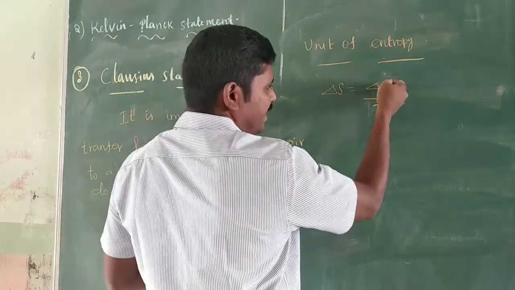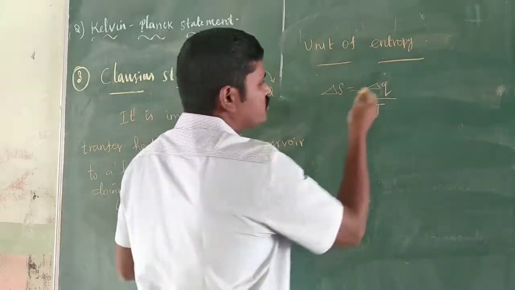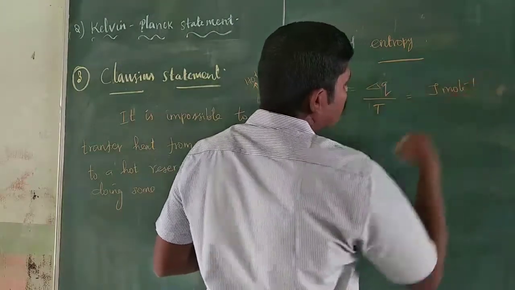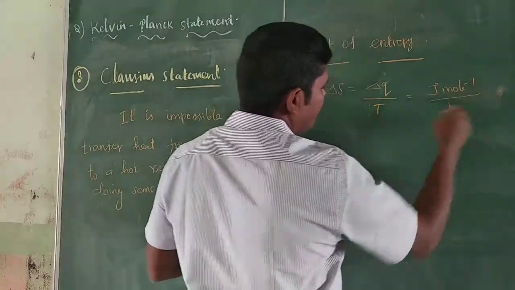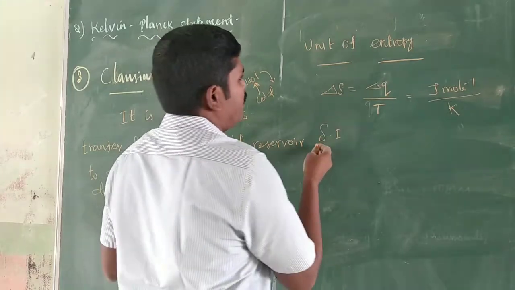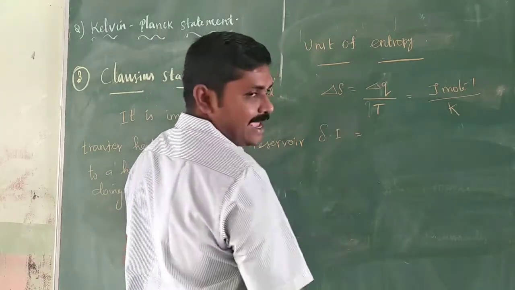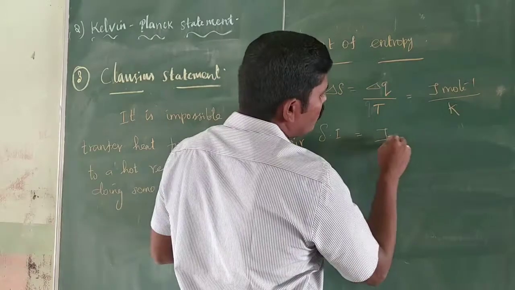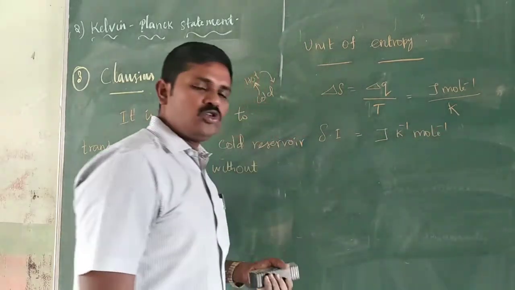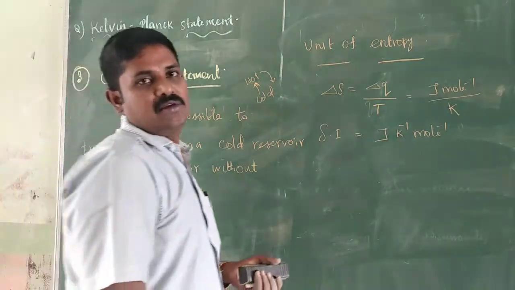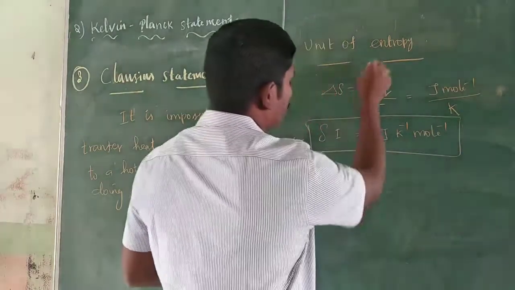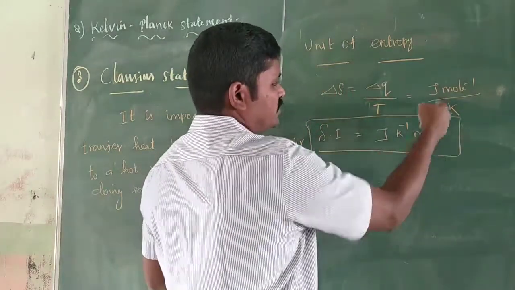Heat exchange is in Joule per mole, temperature in Kelvin. The SI unit of entropy change is Joule Kelvin inverse mole inverse.